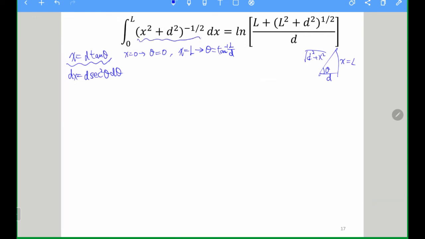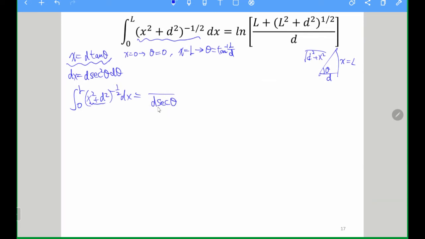So the integration of x squared plus d squared to the negative 1/2 power dx from 0 to L becomes, with x equals d tangent theta, d secant theta in the denominator, because we need to take the negative 1/2 power.